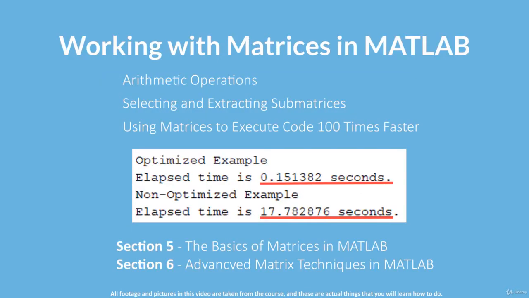Matrices are next in line, but you won't need any pills because we are not in the Matrix movie, and also because I have you covered. You will learn everything you need to know about working with matrices in MATLAB, and you will also learn a trick in this section that will help you optimize your code and make it run up to 100 times faster.